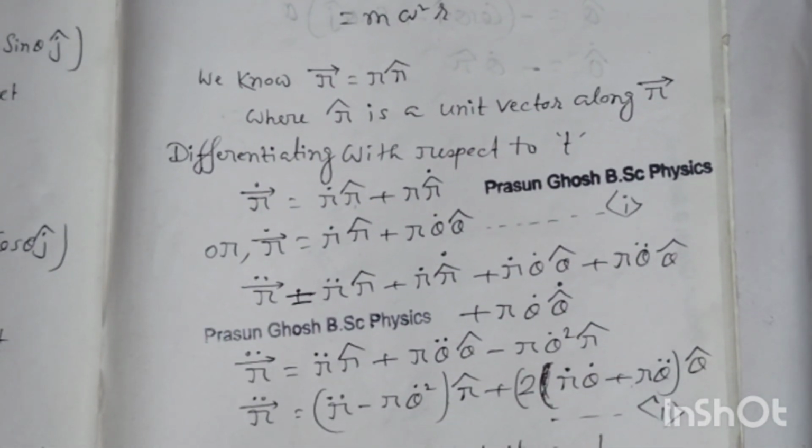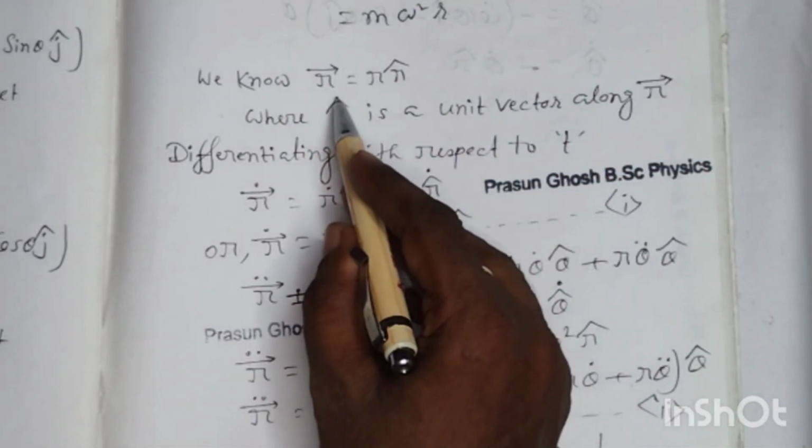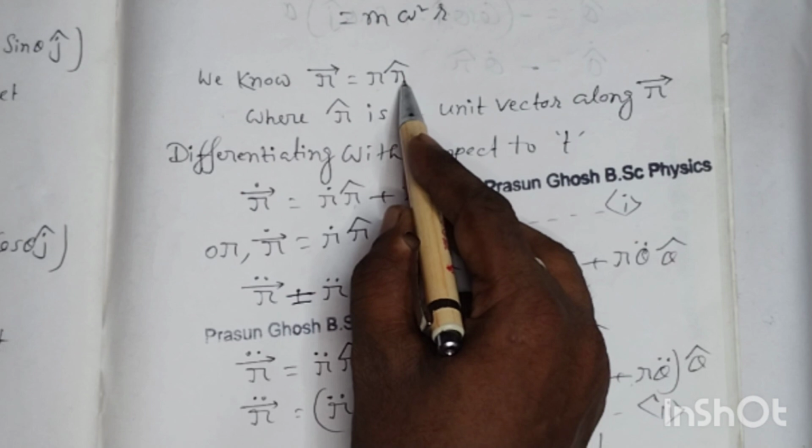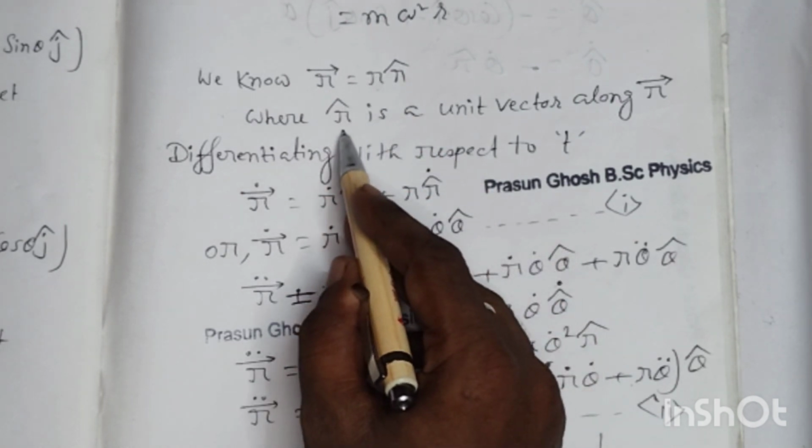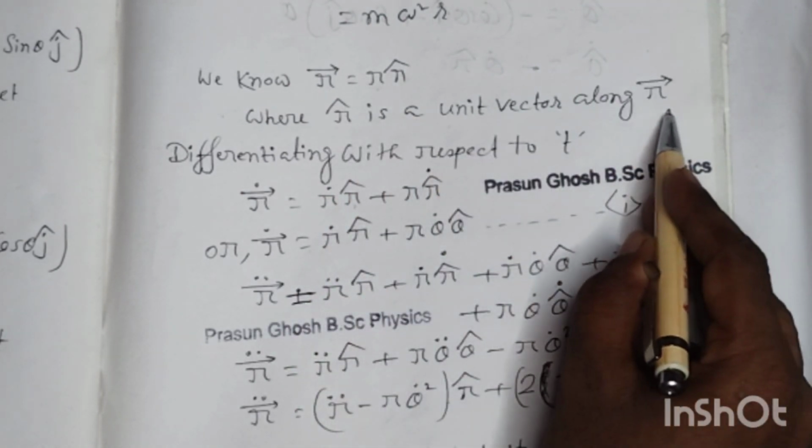And next, from the concept of vectors, r vector equals r into r cap, where r is the magnitude and r cap is the unit vector along the r vector.